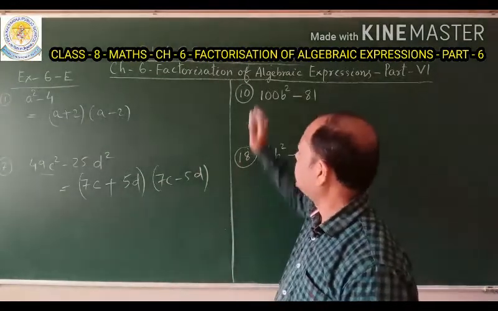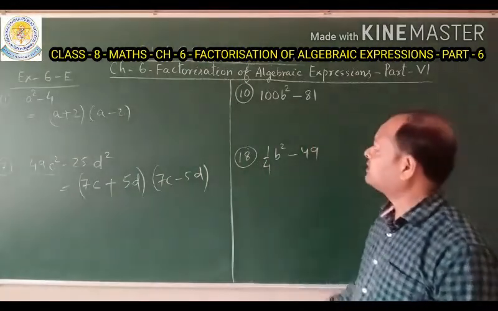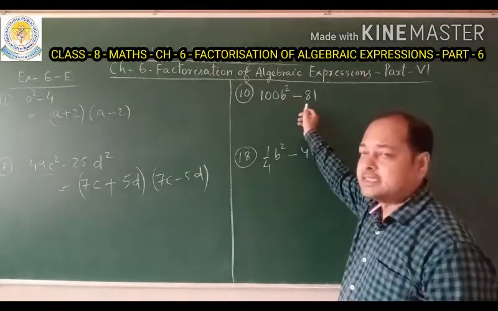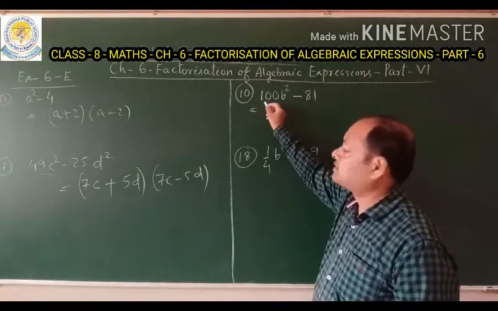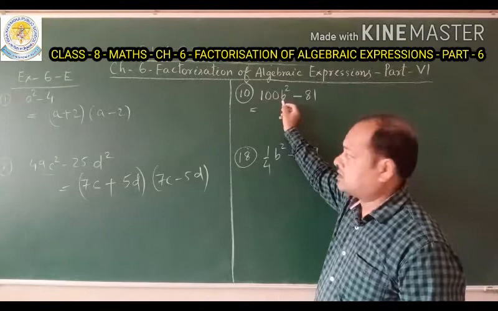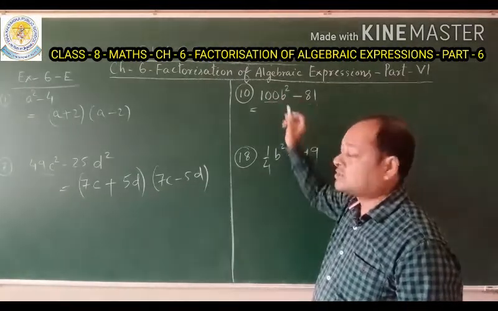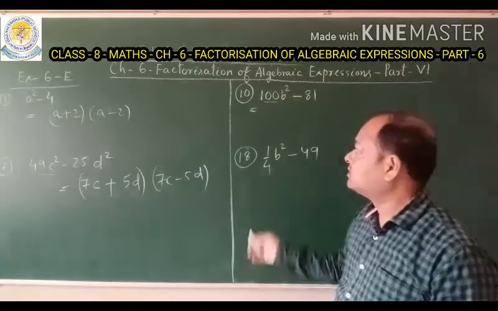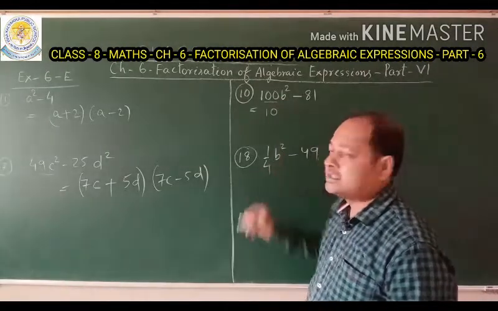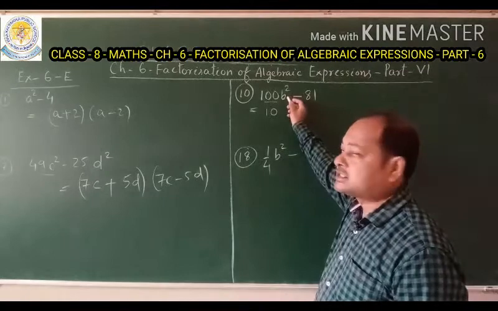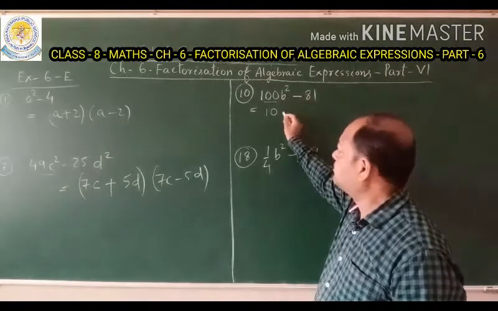Now look at question number 10. Question number 10 is given 100b square minus 81. Here we are seeing the first term is 100b square. In 100b square, 100 is multiplied with b square. So 100 is the square of 10. So write the square root 10 here, and b square is the square of b.